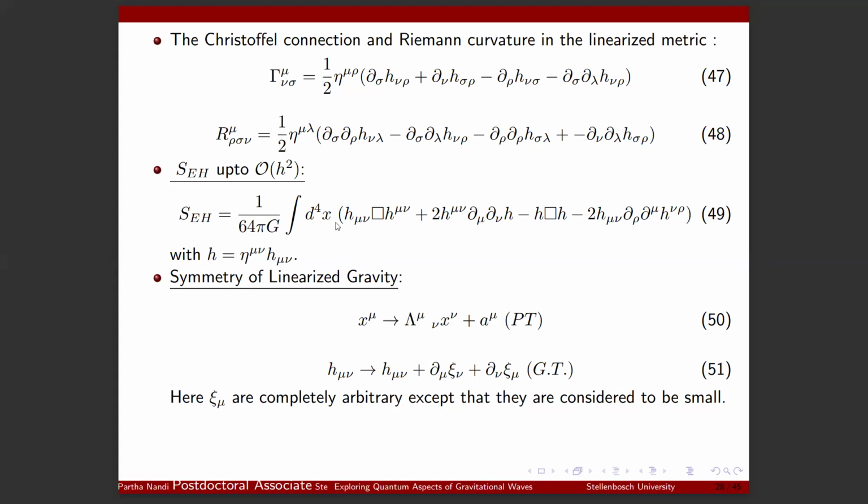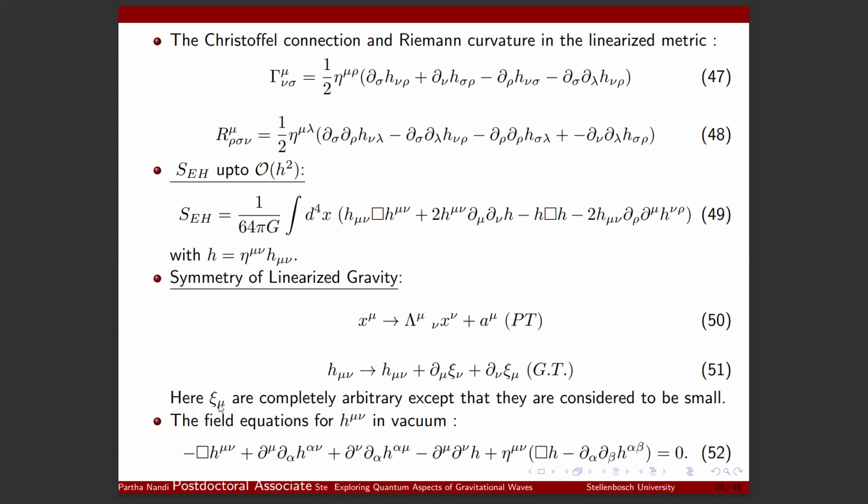Apart from the space-time transformation, this action also enjoys some internal symmetry, which is known as a gauge symmetry, manifested by the transformation of h in the following fashion, where chi is just an arbitrary variable of space-time.